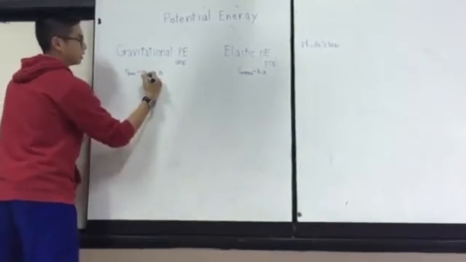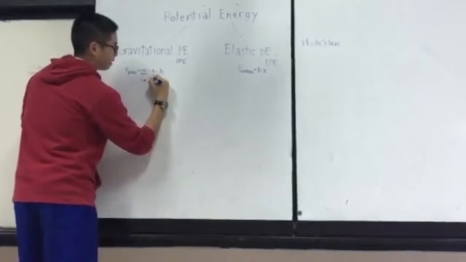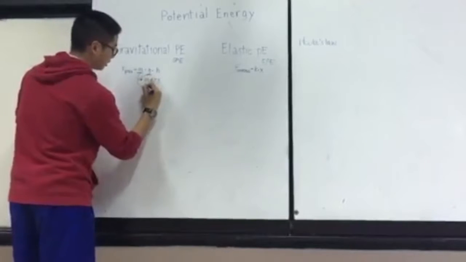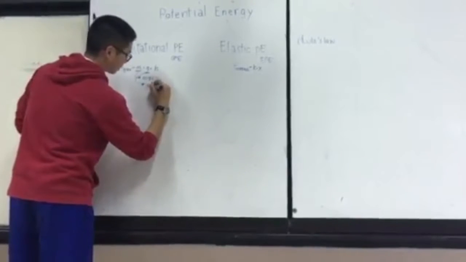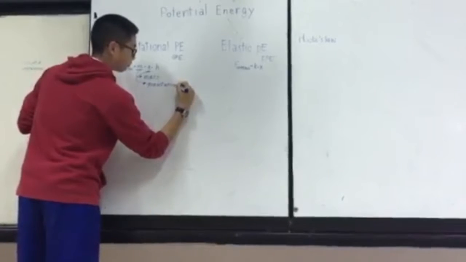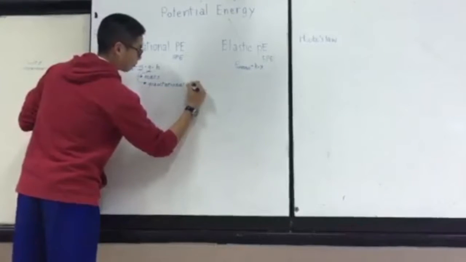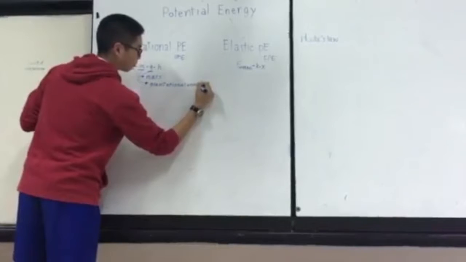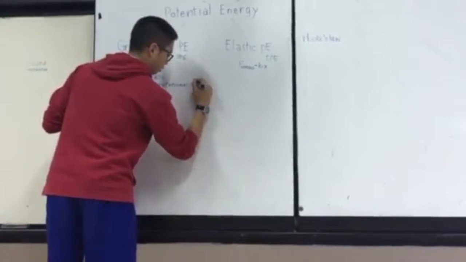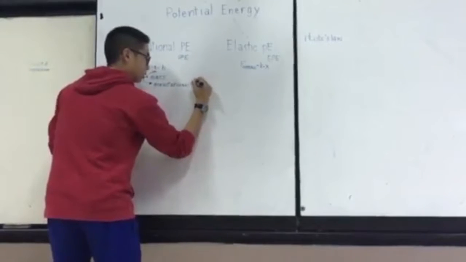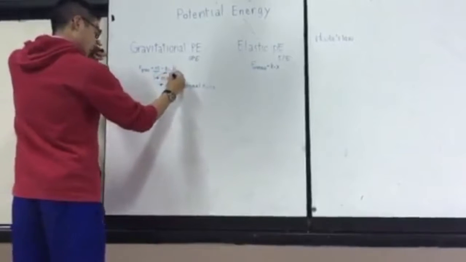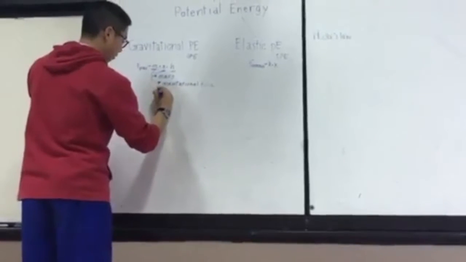M in this formula is defined as mass, and G is the gravitational force. And H is height.